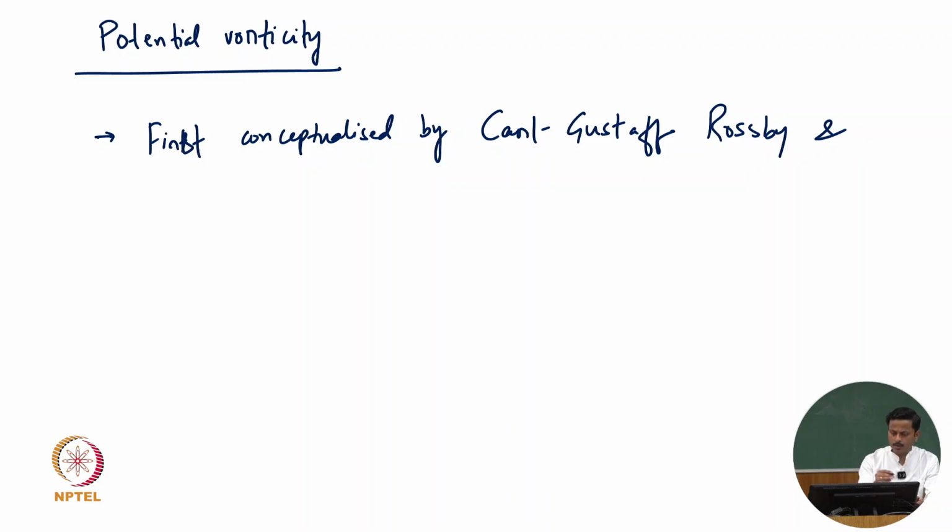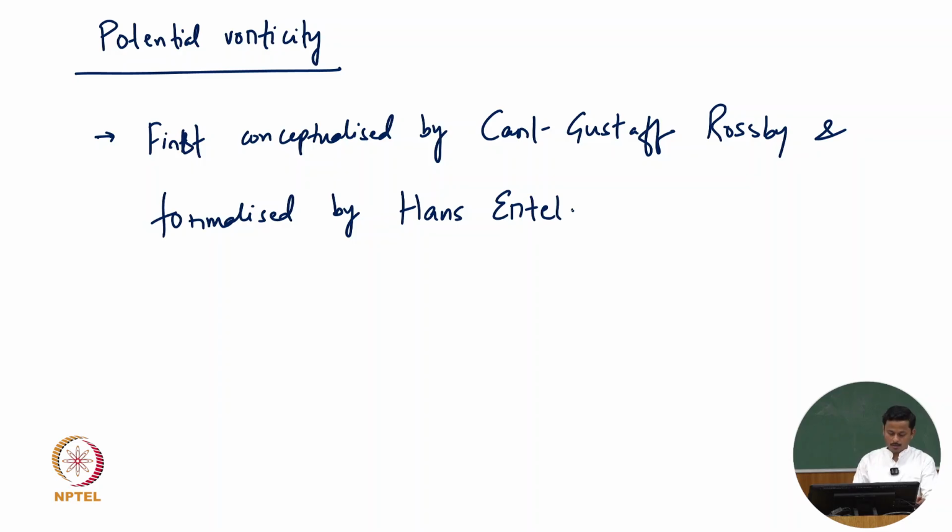This potential vorticity was introduced by him, and it was formalized by another scientist called Hans Ertel. Hans Ertel was a German scientist who made fundamental contributions to geophysics and meteorology. So the term potential vorticity, this is the concept, but what does it mean?